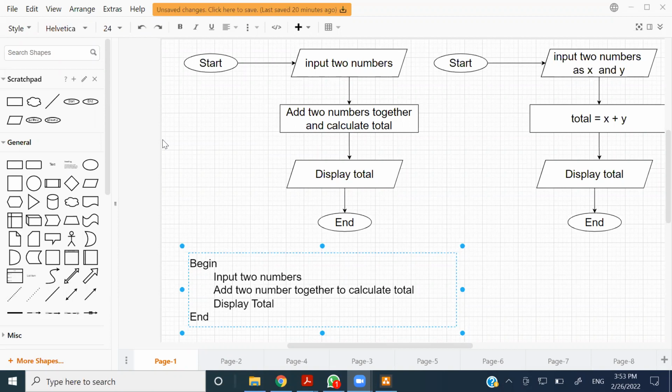Write the relevant pseudocodes for the example 1, within brackets, add in 2 numbers and display in the total.